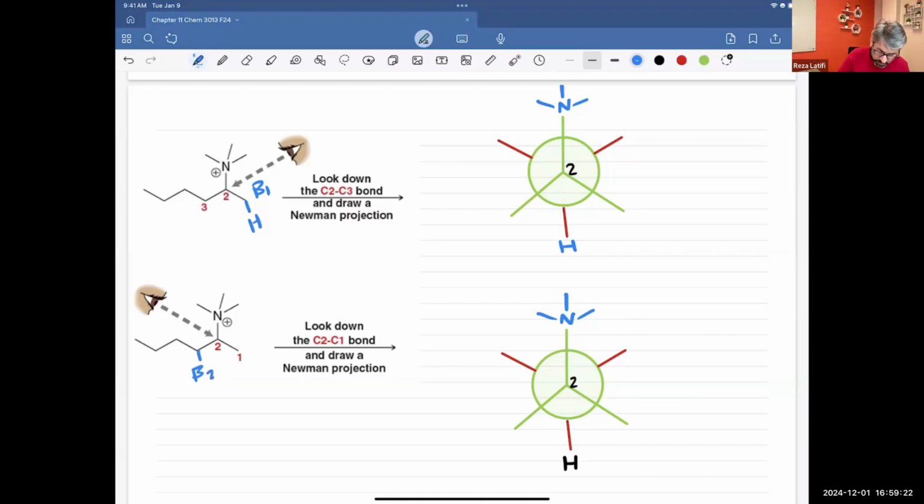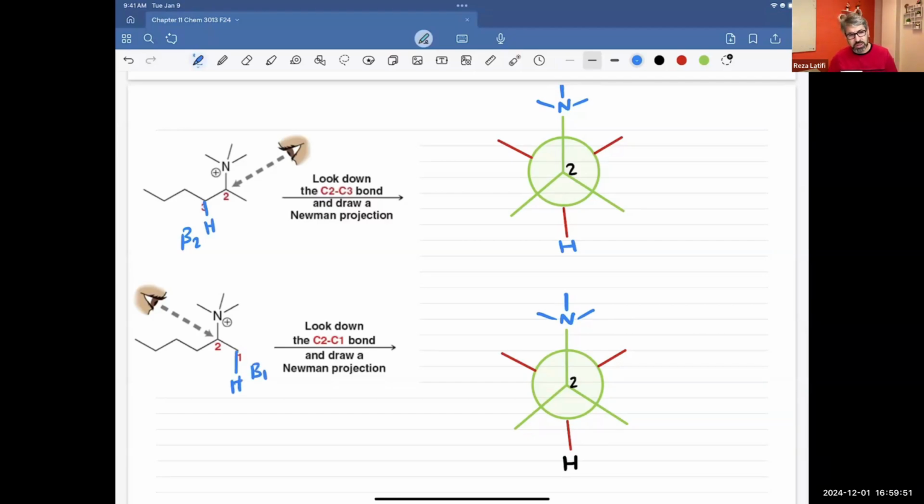Forgive me, because of the way we're looking at the bond, this hydrogen is going to be beta 2, and this hydrogen, sitting on carbon number 1, will be beta 1.